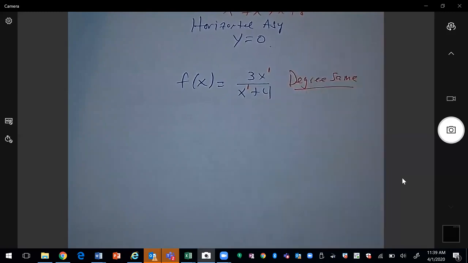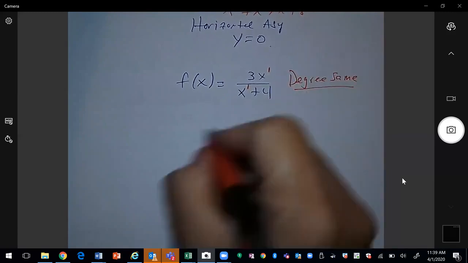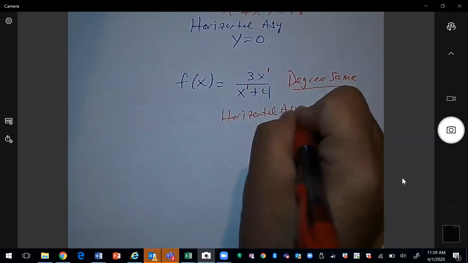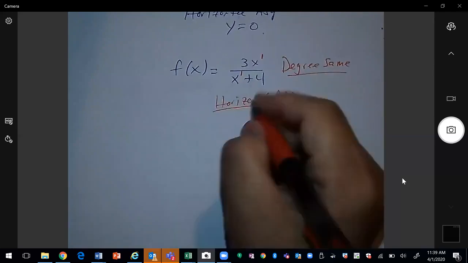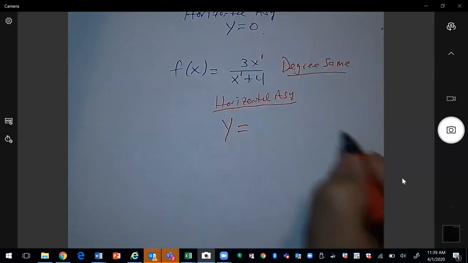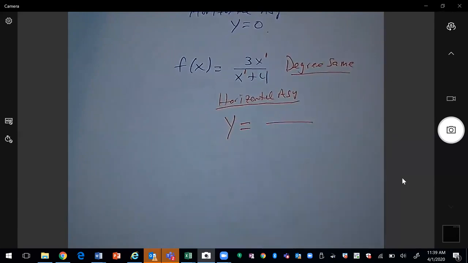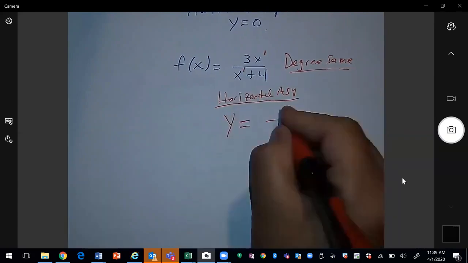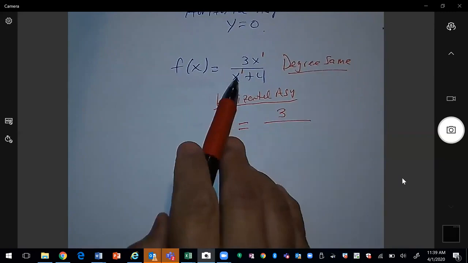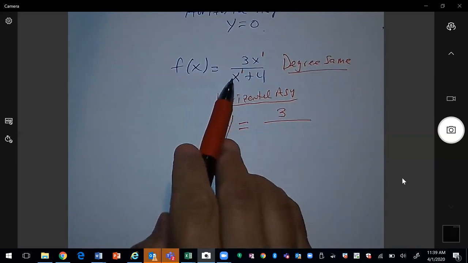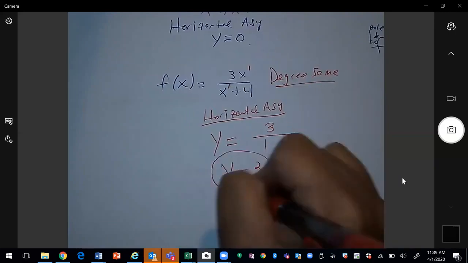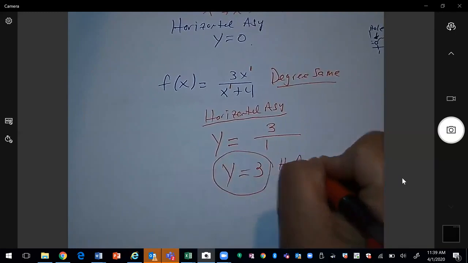If that happens, then to find a horizontal asymptote, we would do the following. We would say y is going to be equal to the leading coefficient of the numerator, in this case, it's going to be 3, divided by the leading coefficient of the denominator, in this case, it's going to be 1. So y equals 3 would be your horizontal asymptote.